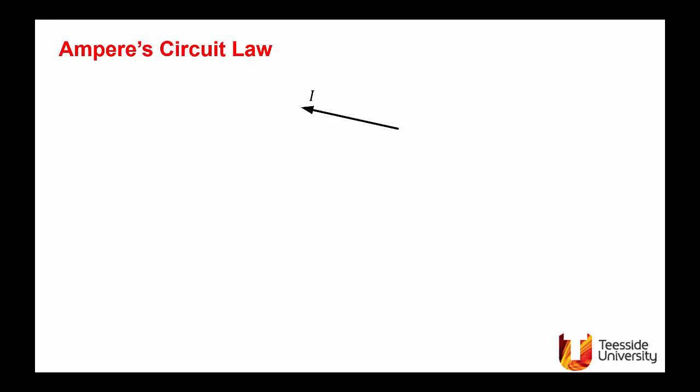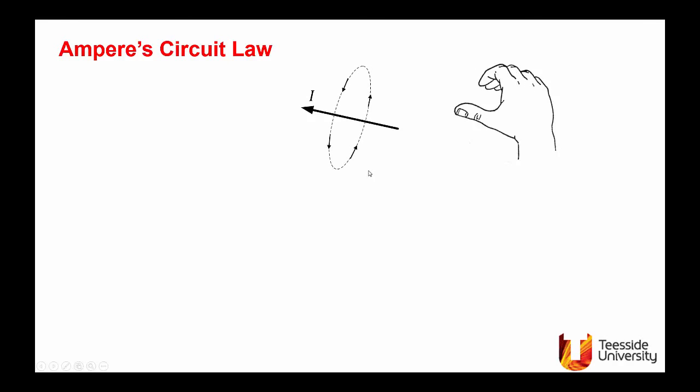Anyway, by using the right-hand rule, we can determine the relationship direction-wise between current and magnetic field. And what is the right-hand rule? You should remember from physics that if the current is the direction of the thumb, then the magnetic field lines will be like the fingers.